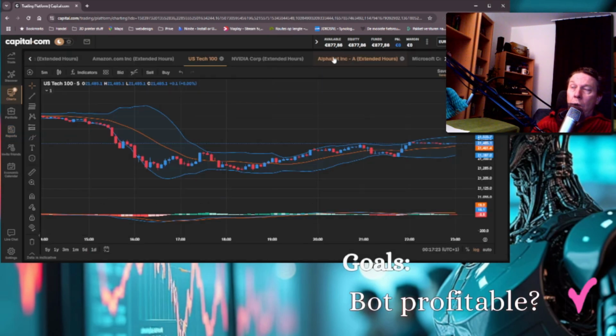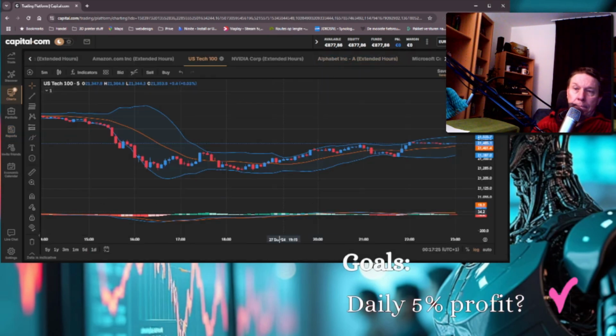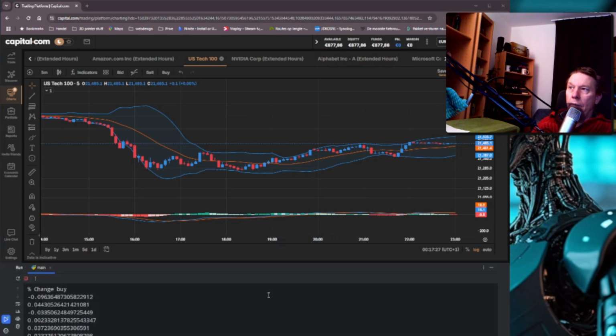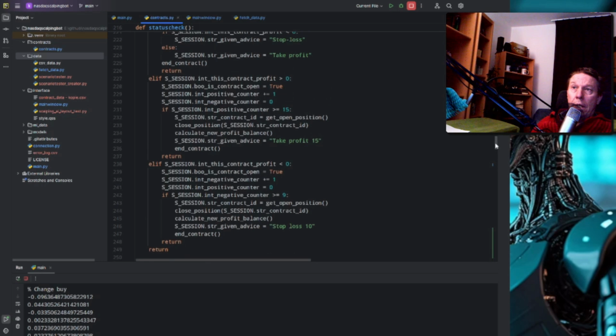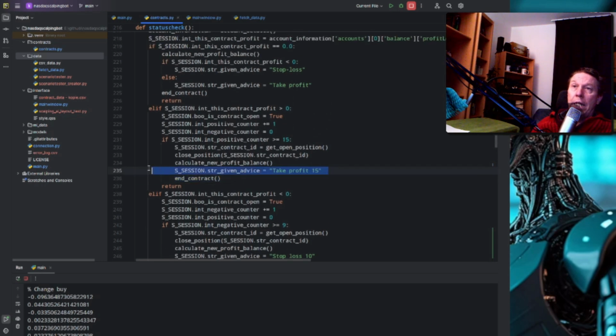And what I want to do for next week, let's get back to the code, is look at whether I can remove the profit distance. So there's no profit distance, only a starting point and then a trailing stop loss, and giving the bot a take profit time of 15 minutes, like I did here.